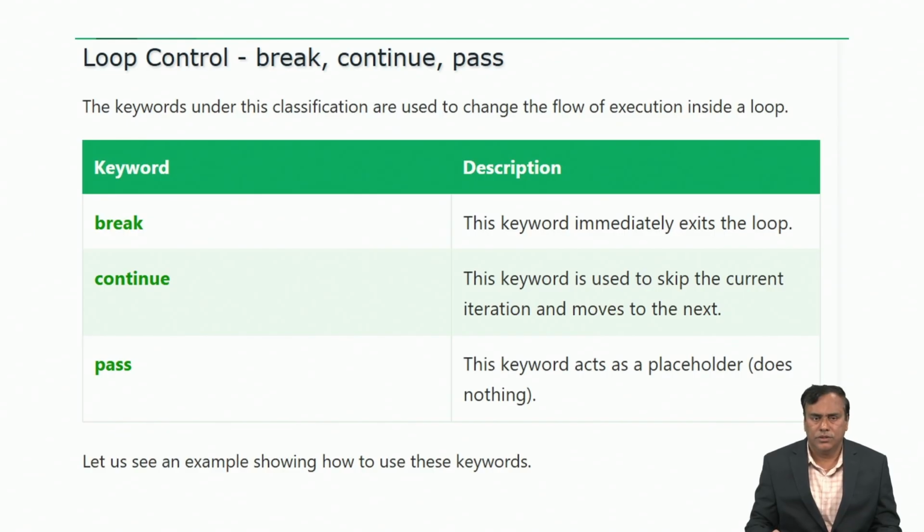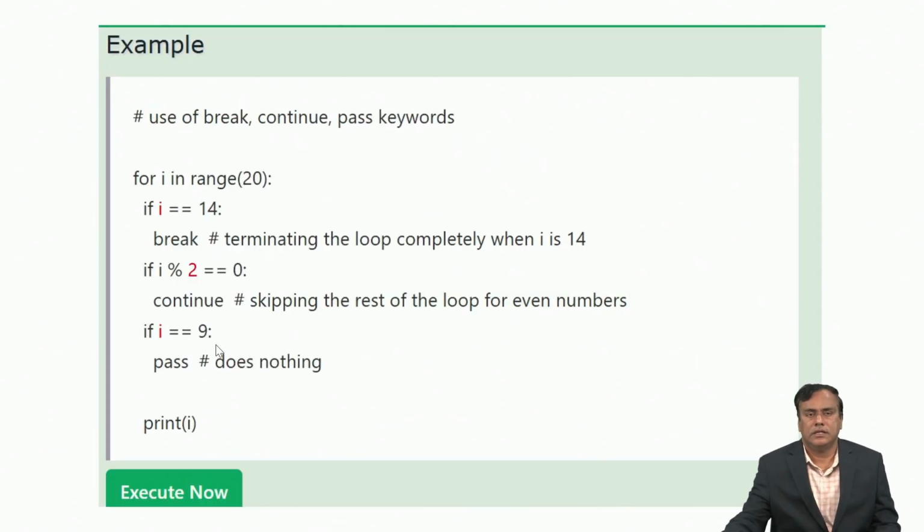Now, using an example, we are going to see the usage of the keywords break, continue and pass. So, for i in range 20, in the sense 0 to 19, the initial value of i will be taken as 0.